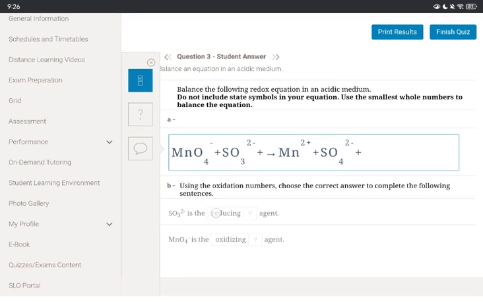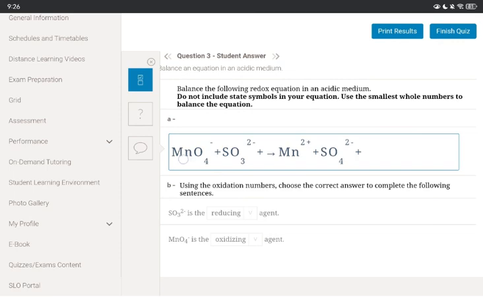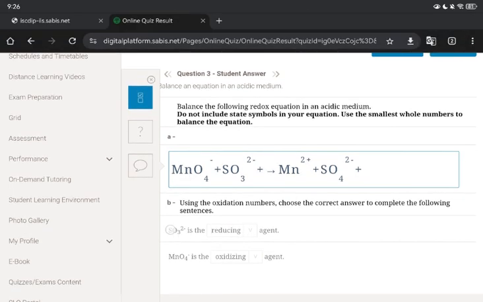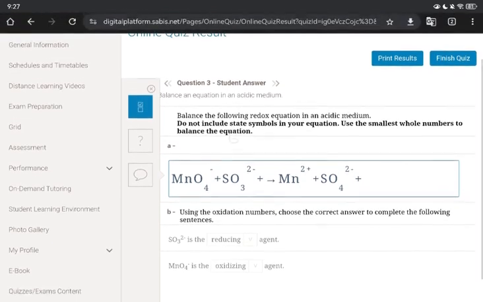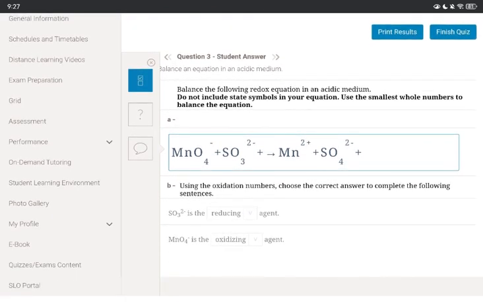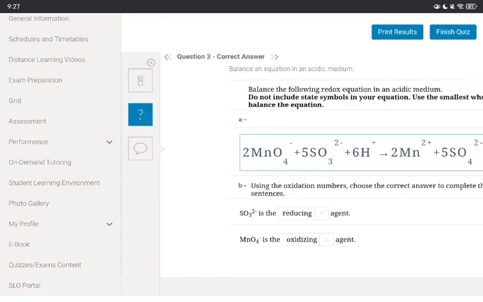So the reducing agent is what causes something to get oxidized. So this made it get oxidized, and this made this get reduced. Get it? So it's whatever the opposite. So whichever one got reduced is the oxidizing agent. Whichever one got oxidized is the reducing agent.